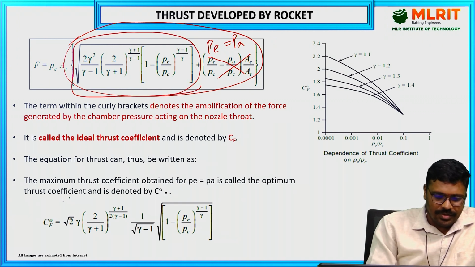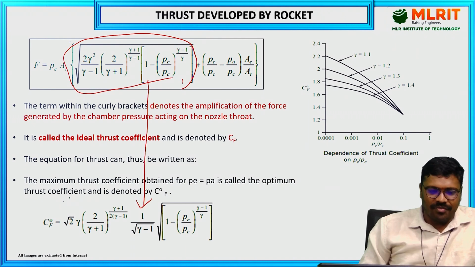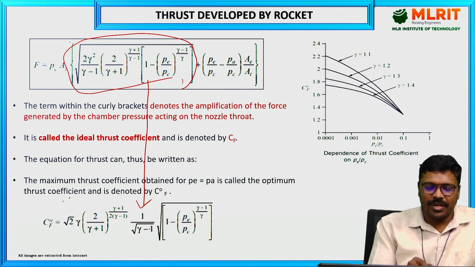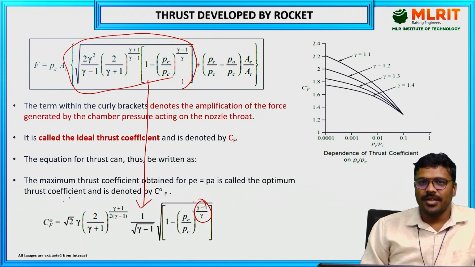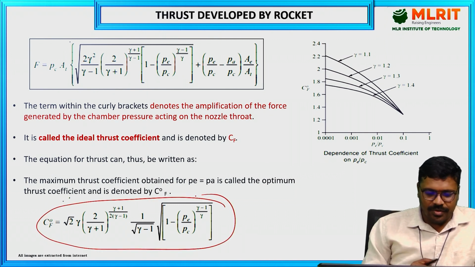So this term will be considered as CF naught, that is equal to root 2 gamma square by gamma minus 1 into 2 by gamma plus 1 whole to the power of gamma plus 1 by 2 into gamma minus 1, into 1 minus Pe by Pc whole to the power of gamma minus 1 by gamma. So this term is the ideal thrust coefficient.